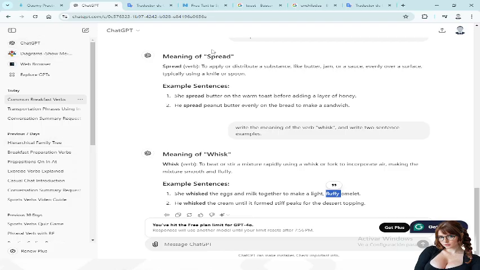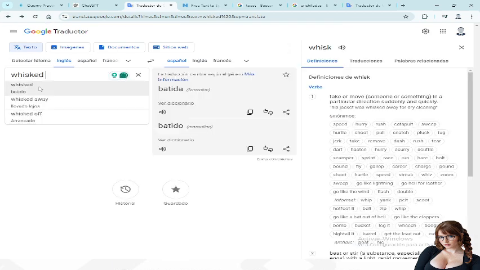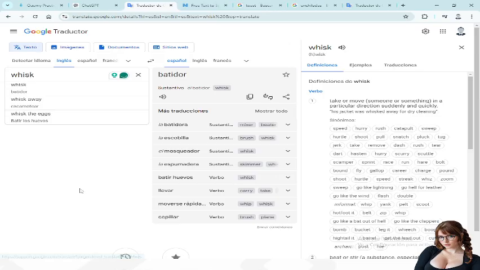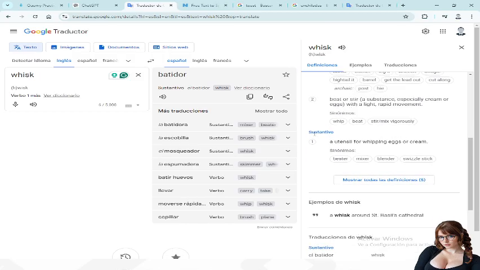And we have the meaning of the word here. Whisk. Remember that a word can be a verb, and we have the verb, but it can be a utensil too.